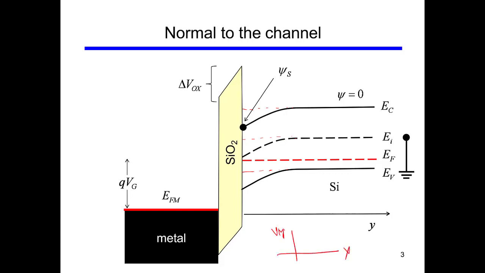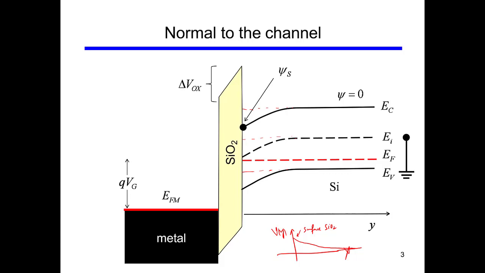That voltage is Vy, and it was something like this. It was higher near the surface of the silicon dioxide, and it goes down to 0 as you move away in the p material to the other side.